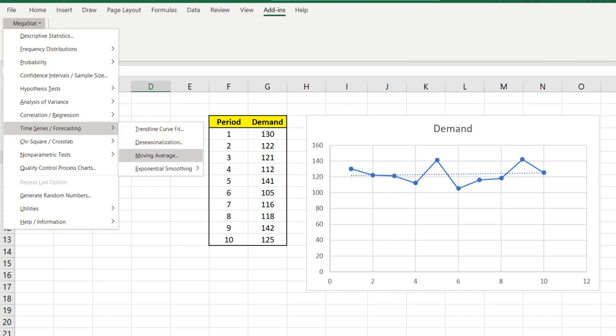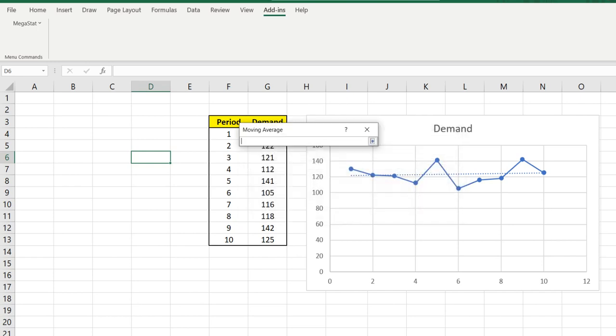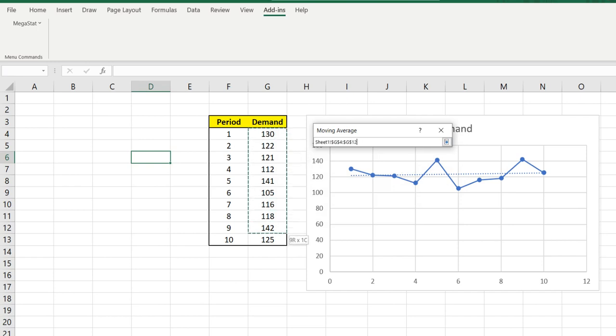And the only one that we do in this course is moving averages. So just click on moving average. Now your input range, it should be a single column. So click, move that out of the way. And here, I'm just going to highlight the numbers. So this would be our series.